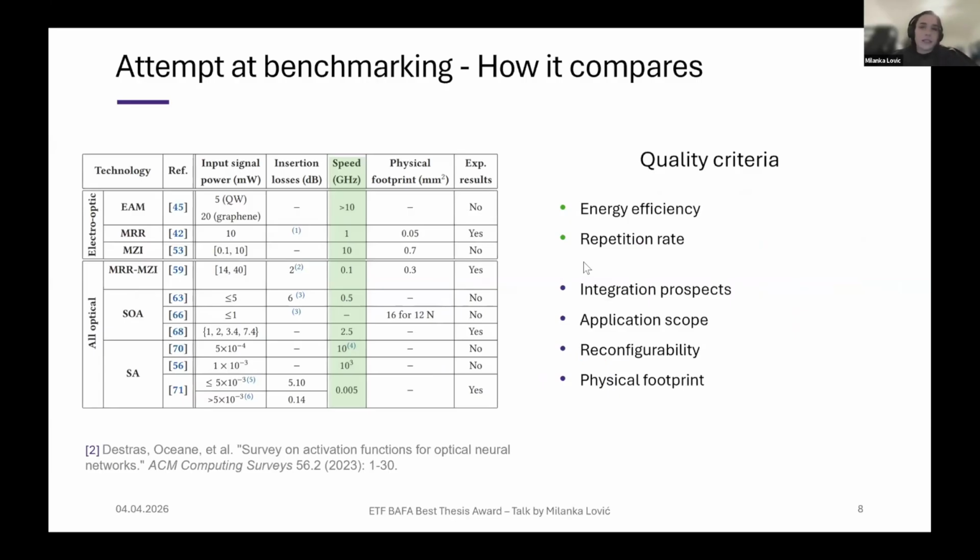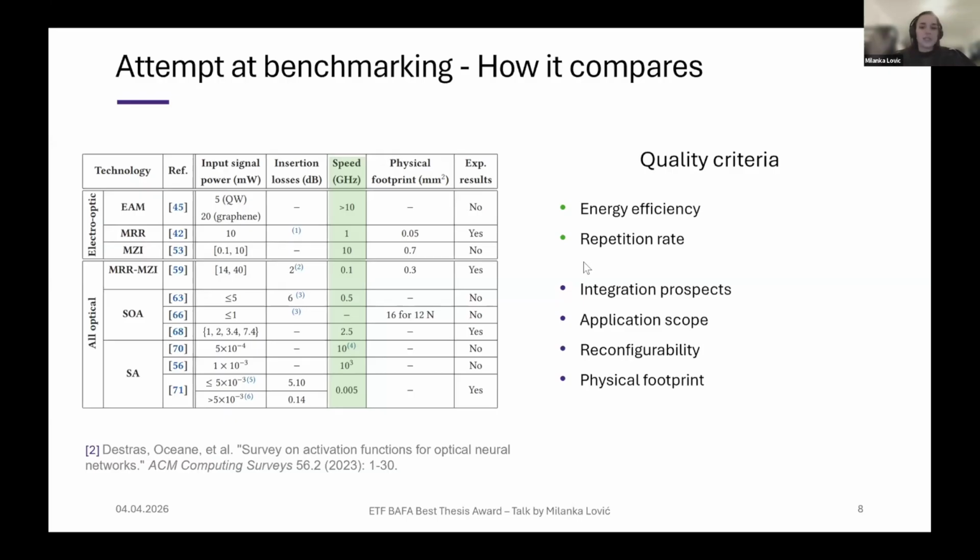Another question that arises is if it's even necessary to go full optical or to consider all optical computing, or if it's better to stick to an optoelectronic conversion, where after we conduct the linear operations in the optical domain, we switch to the electrical domain to apply the activation function there. So it's a whole bunch of questions, and with this also the quality criteria section expands, where we also need to know if our activation function can match the existing optical neuromorphic hardware and so forth.